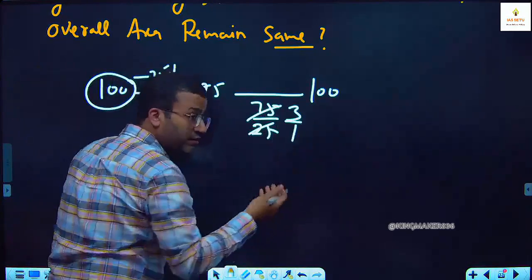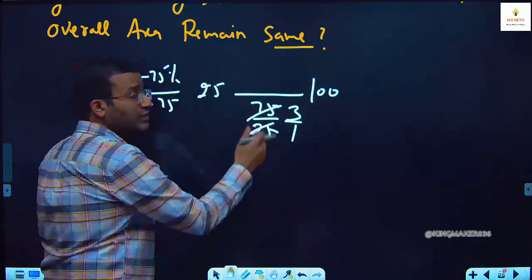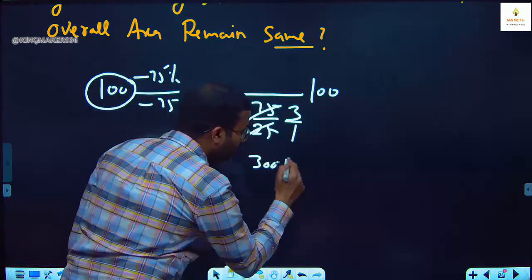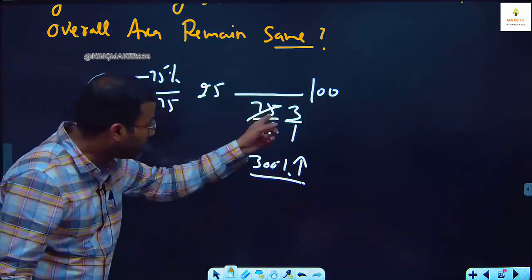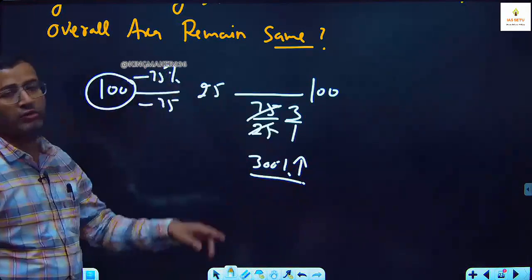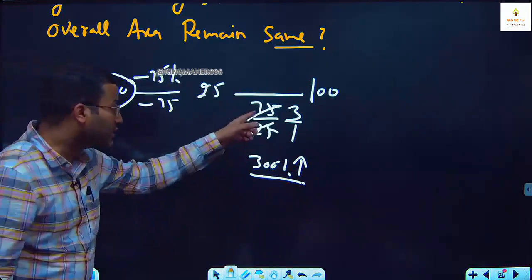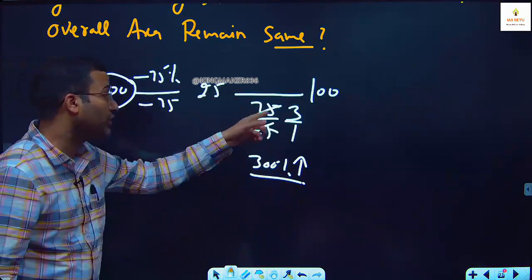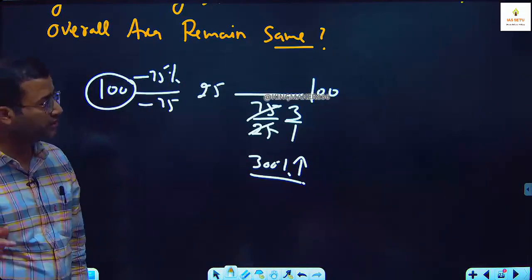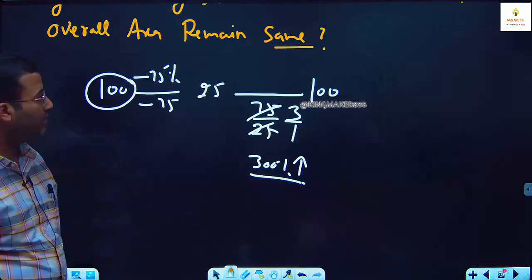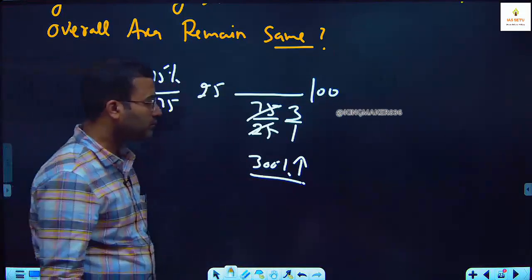So it is 3 by 1 increase. What is 3 by 1? 300% increase in the breadth. So there is an increase of 75 over 25, 3 by 1, 300% increase. Let us practice 2 more questions. अभी आपको और practice की जरूरत है.